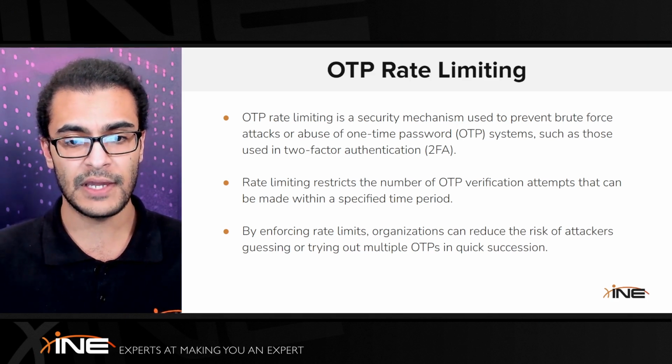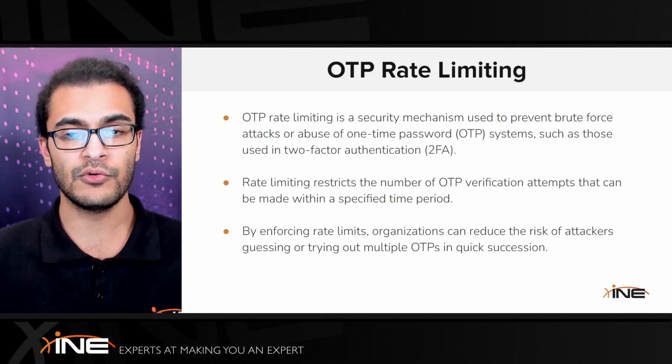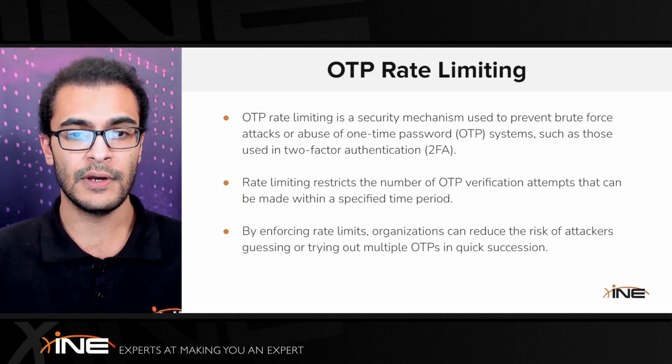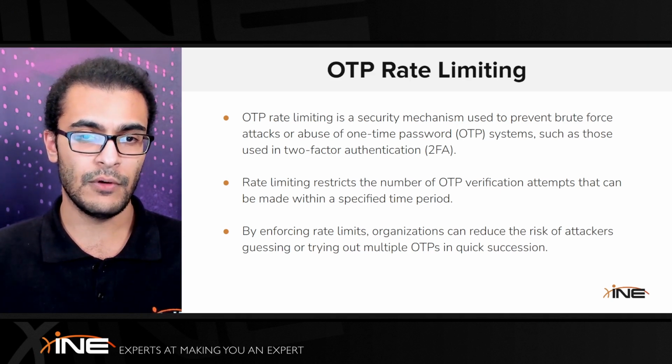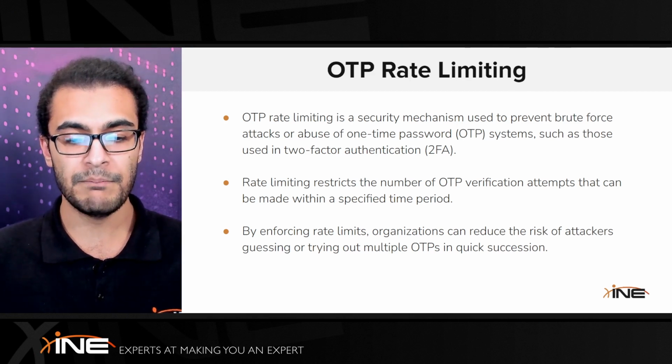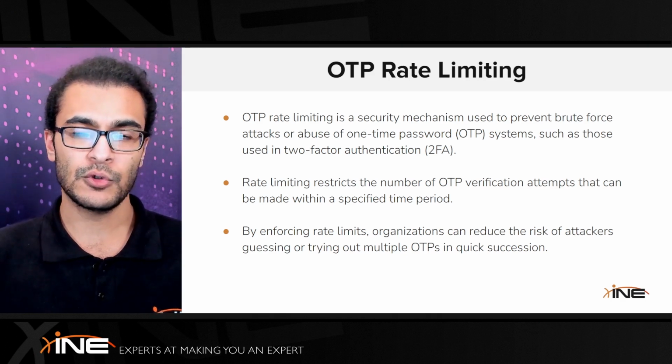So the bottom line is that rate limiting essentially ensures that you'll not be able to brute force the OTP code fast enough in order for you to essentially beat the actual OTP lifespan, if you will.